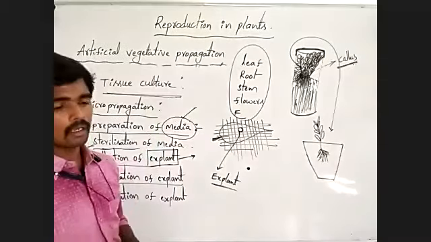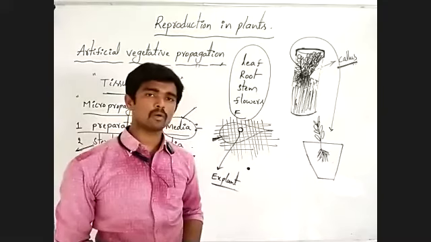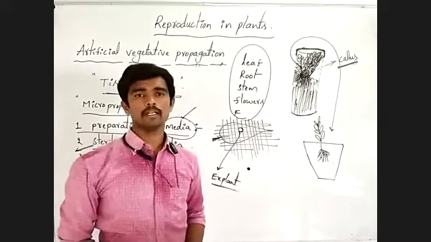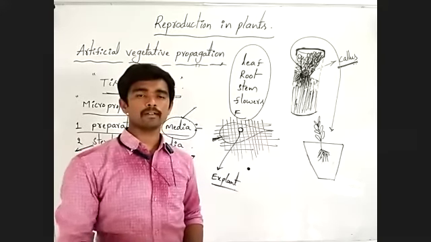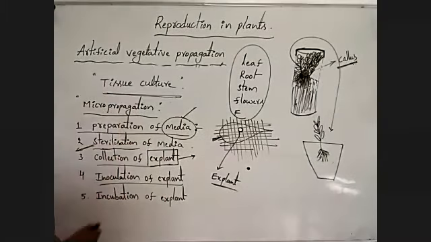Like this, we can produce hundreds, thousands of plants within a short period by using a very small part of the plant. Okay, this is tissue culture.